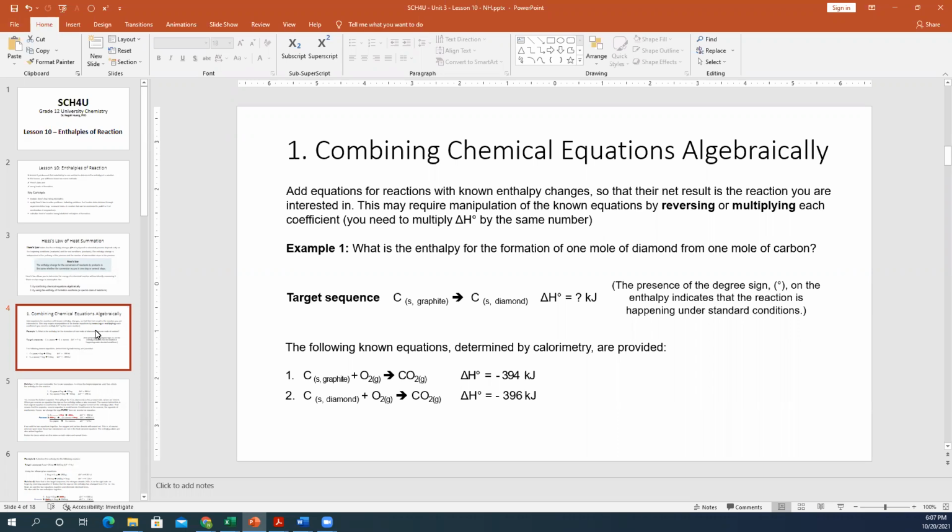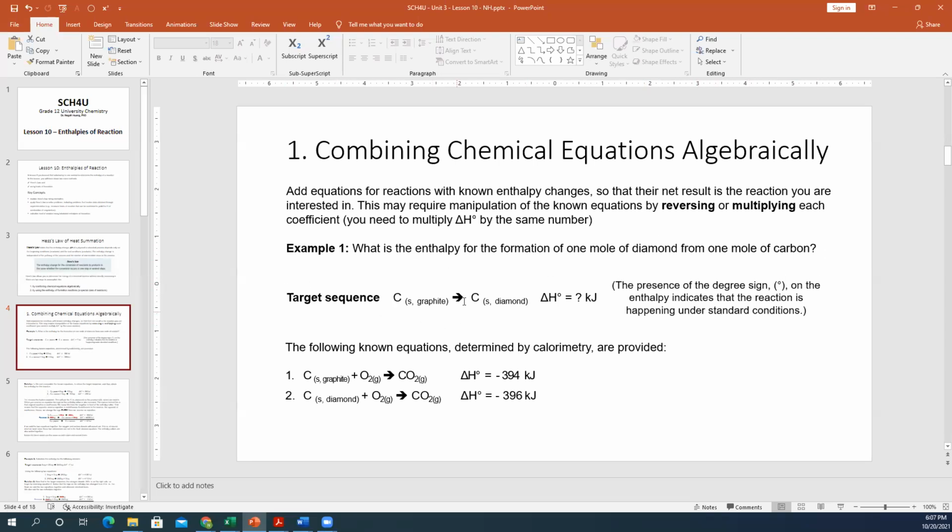So to better understand what we're trying to say here, let's look at a couple of examples. Let's say you're asked, what is the enthalpy of formation of 1 mole of diamond from 1 mole of carbon?